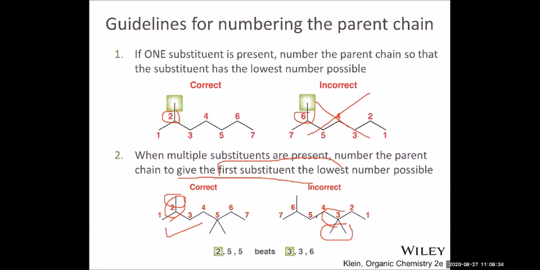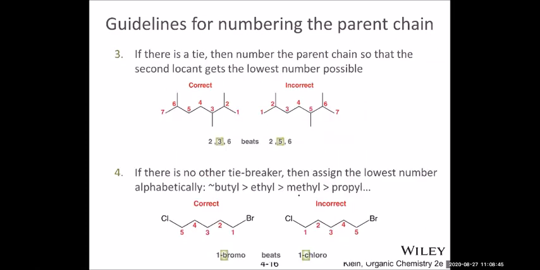Okay, so naming organic compounds sounds like a lot of rules. Unfortunately, you just need some practice. It's very quick, very easy to master. If there's a tie, all these are hierarchies. If there's a tie in the two directions, where the first substituent starts from the same number, then the second locant, the lowest, will be better.